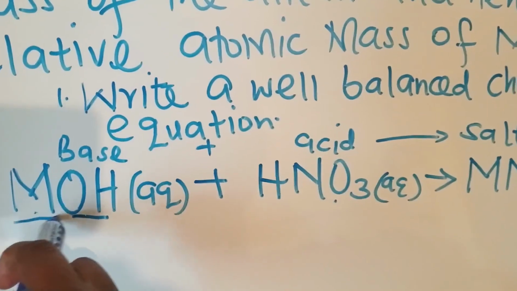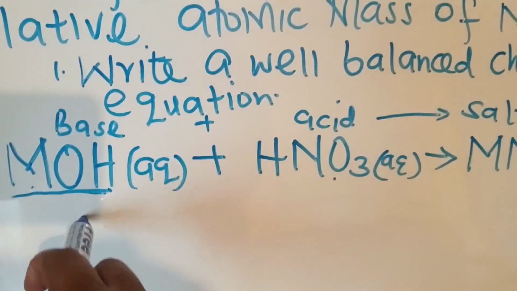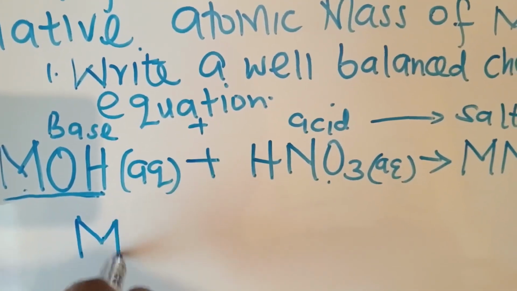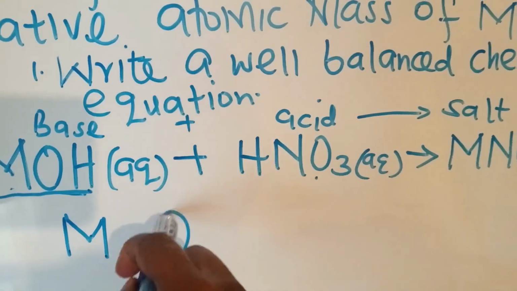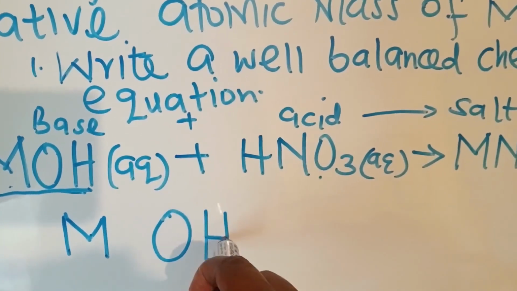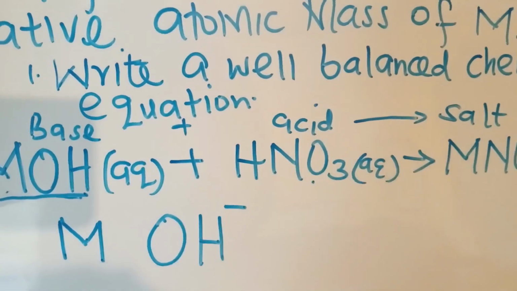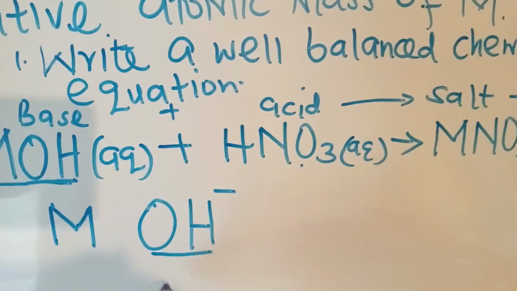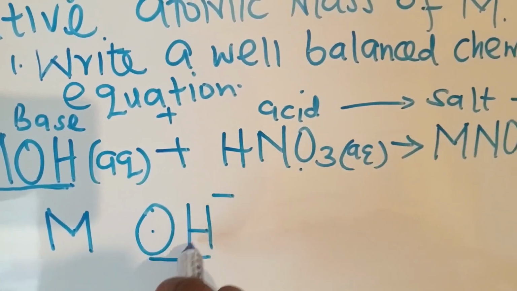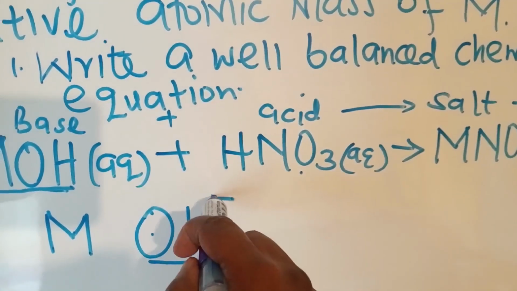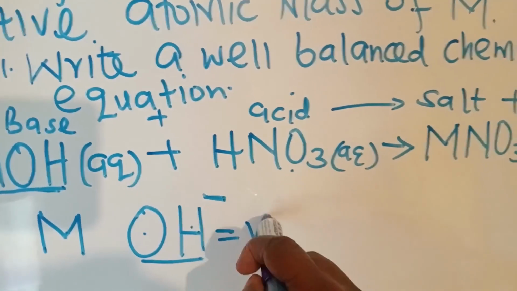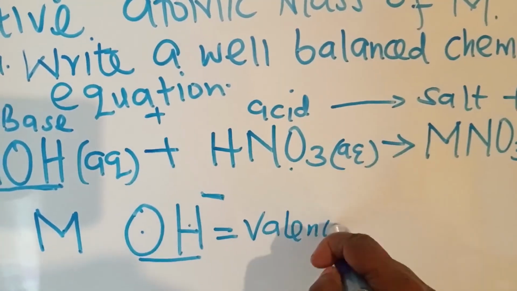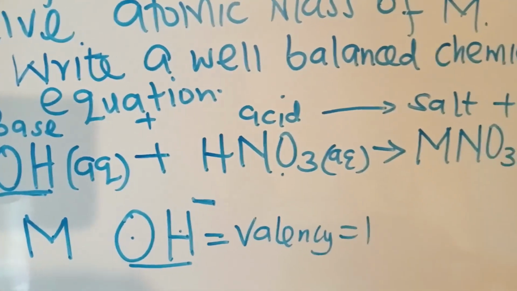Look at this formula. Even though hatujui M ni nini, at least we can see OH somewhere. NaOH as an ion, it is written as capital O, capital H, and a negative here. So meaning the valency of OH is 1.